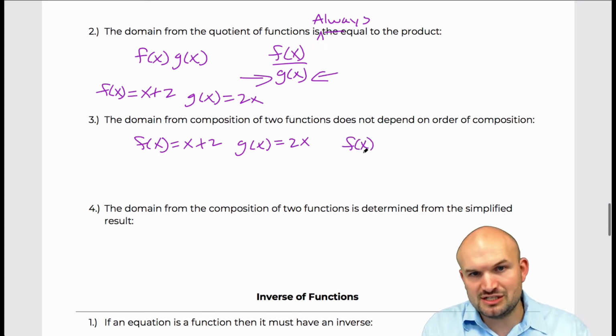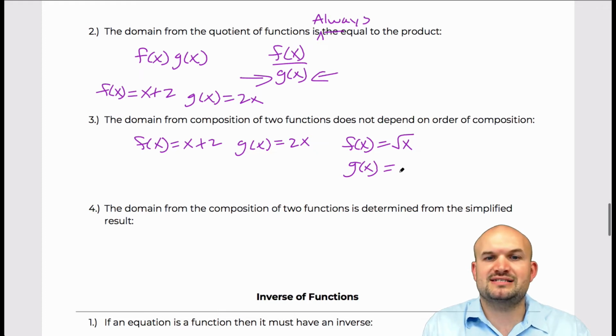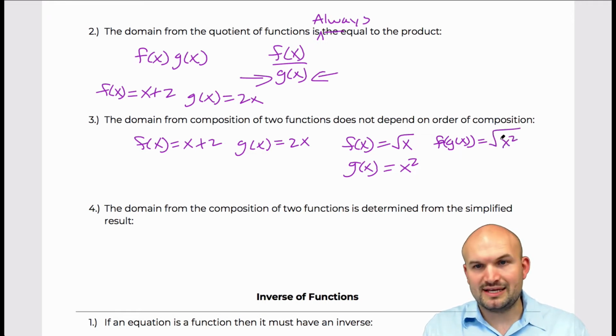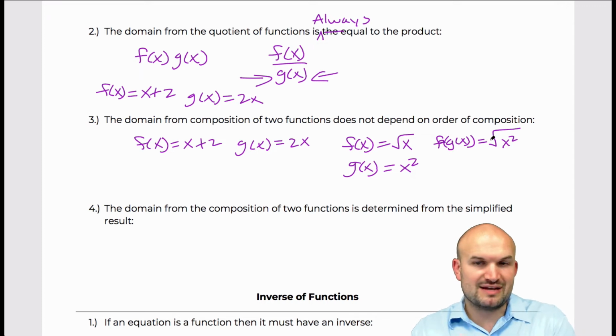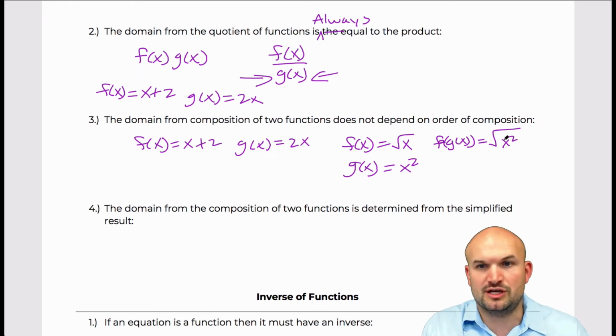Because if I change these functions so that f of x equals the square root of x and g of x equals x squared, well, when I plug g of x into f of x, so I have f of g of x, I get the square root of x squared. And the important thing here is the order. When you're finding the domain of a composition, you have to take into account the domain of the function that you are inserting into the other function.